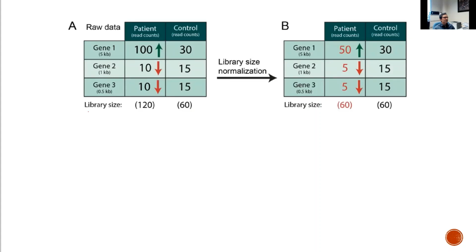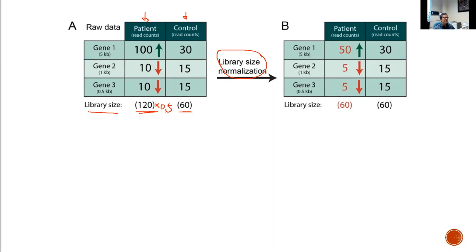Okay, so library size is a column sum of this. For this sample, you have a library size of 120. For this sample, you have a library size of 60. For library size normalization, you just need to multiply by a scaling factor for this sample.